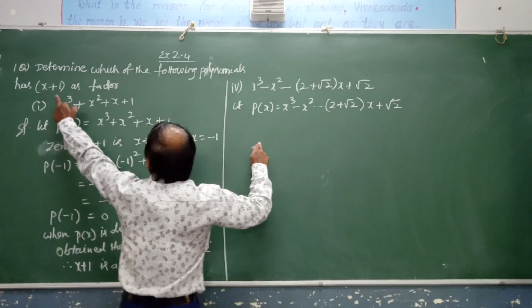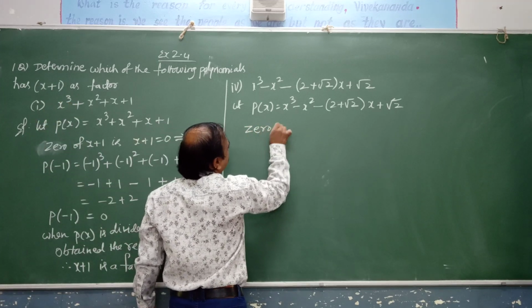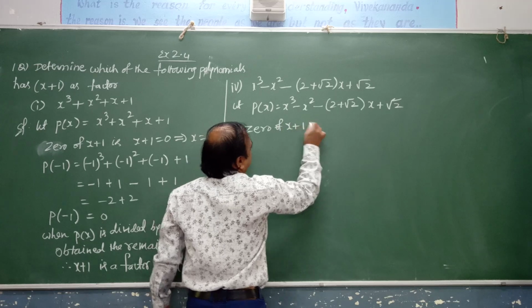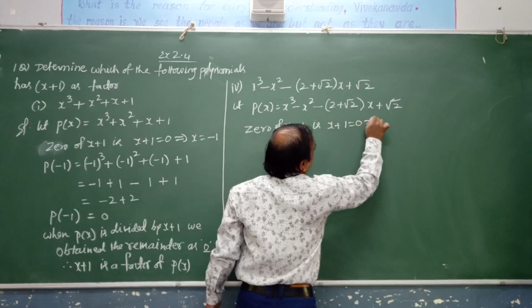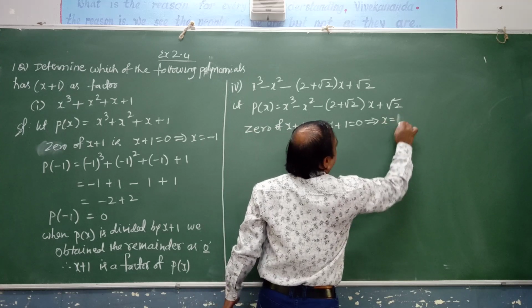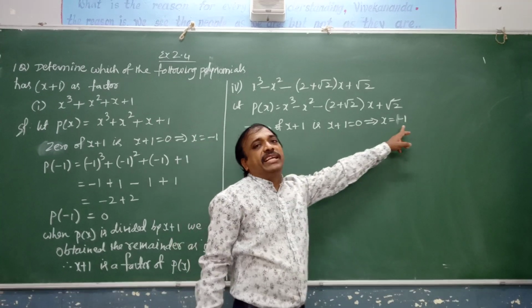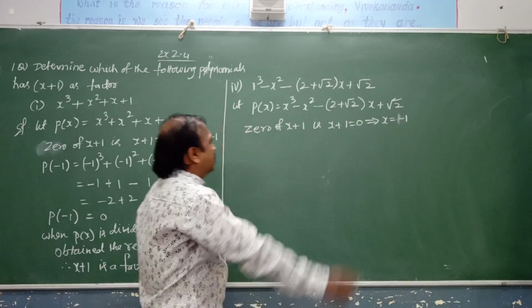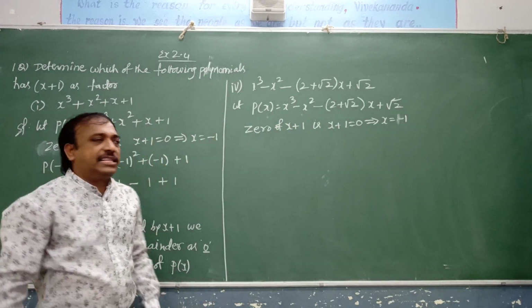Now what do we have to do? The zero of x plus 1: x plus 1 equals 0, which implies x equals minus 1. When you transpose this plus 1, you will get minus 1. So now in place of x, we are substituting minus 1.